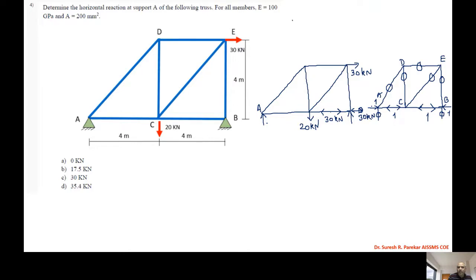So moment about A equal to 0 is 30 into 4 plus 20 into 4 minus VB into 8 equal to 0, and VB we will get as 25 kilonewton. So we have VB 25. If I apply summation Fy equal to 0, this reaction we will get downward, which is 5 kilonewton.